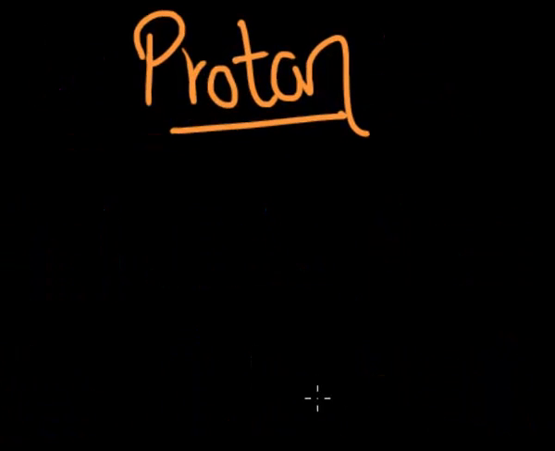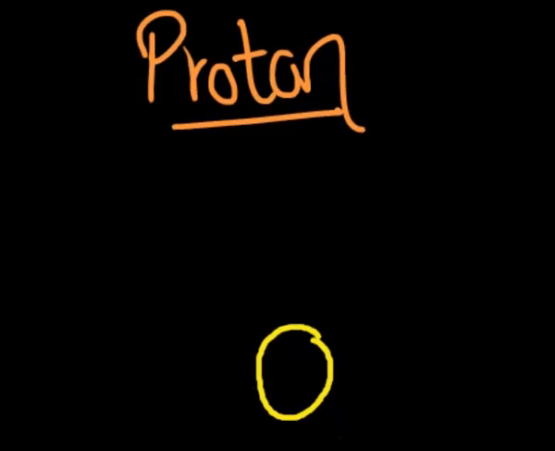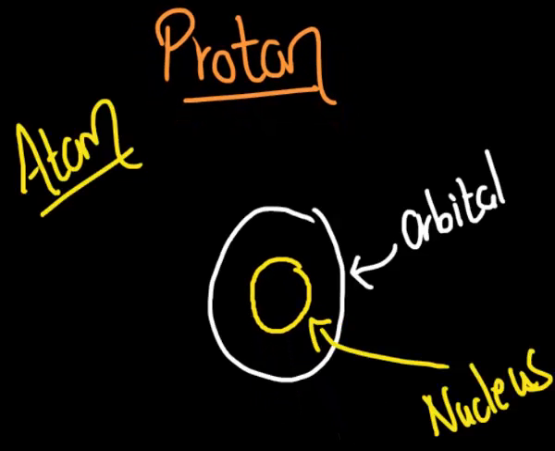Now a proton, as you would know it, is that particle, which we call a subatomic particle, found inside of the nucleus of an atom. If you can remember again, inside the nucleus of an atom we would find protons, which are the positive particles, and neutrons, which are the neutral particles.